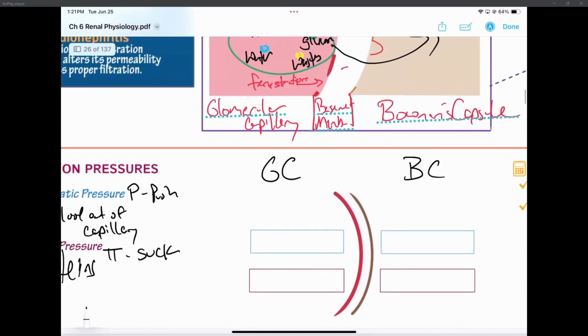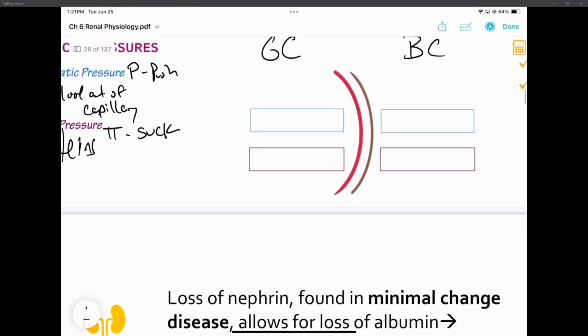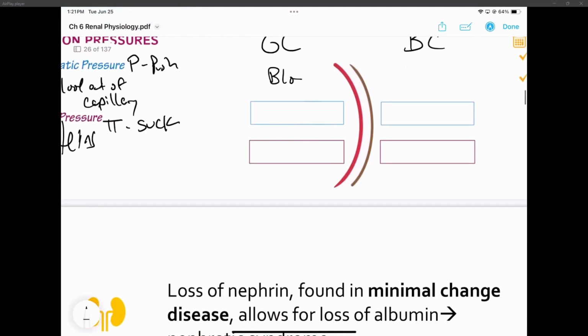So this is the blood side, and this is the filtrate. In the blood, the hydrostatic pressure of the glomerular capillary is 60 millimeters of mercury.